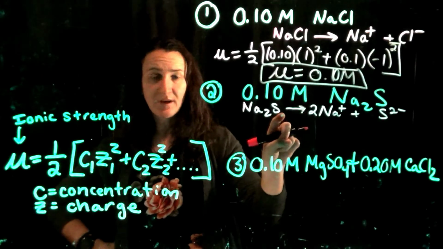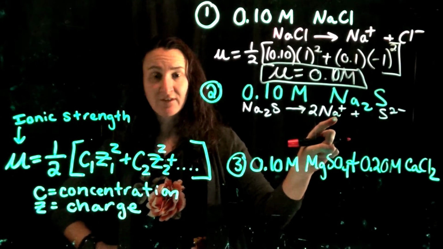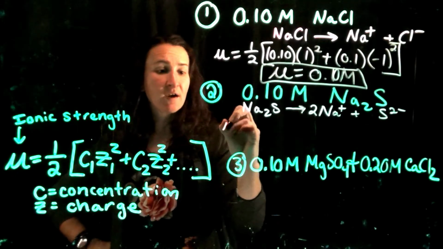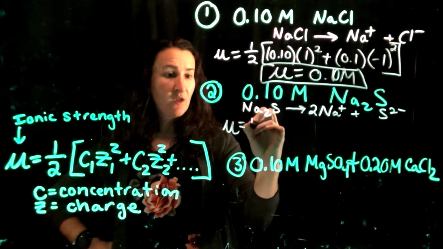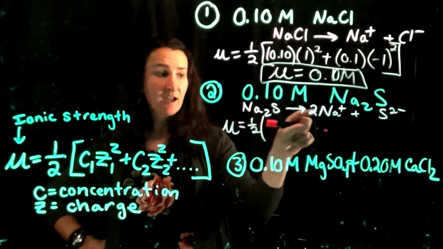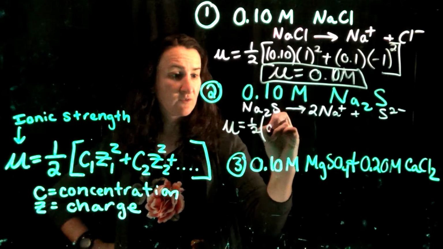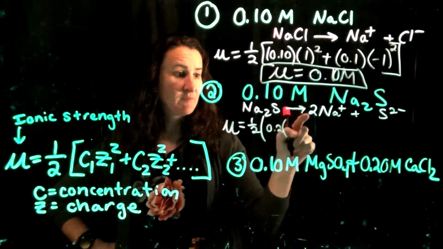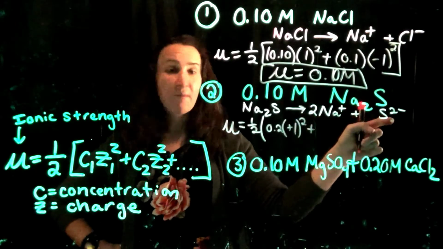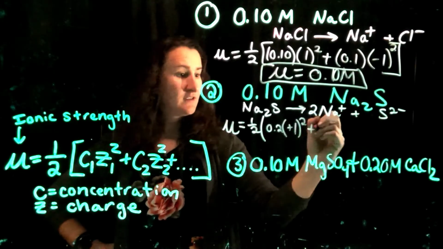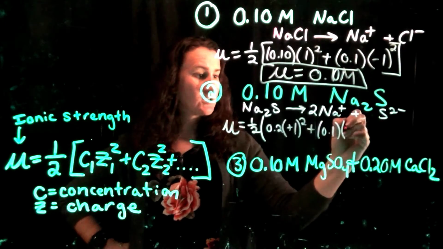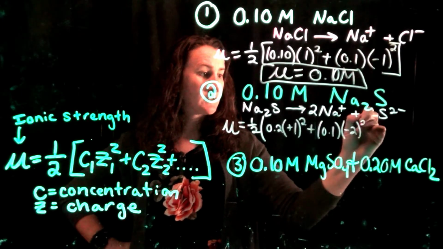If you start out with 0.1, you're producing twice as much sodium for every single ionic compound that's placed into your solution. So here, my ionic strength equals 1/2 times my concentration of sodium, which is 2 times what it was initially, so 0.2, times my charge +1 squared, plus my concentration of sulfide, 0.1, times my charge of sulfide squared.